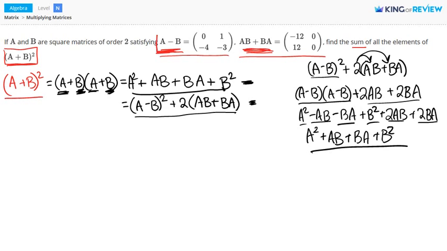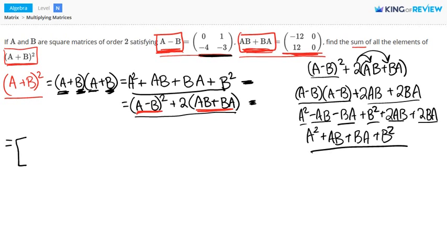Now you notice we have a minus b here. That's here. And we have ab plus ba here. And that's right here. So now we can substitute in these matrices for those portions in our expression. So let's do that. We have (a−b)². Well, a−b, that's this matrix here.